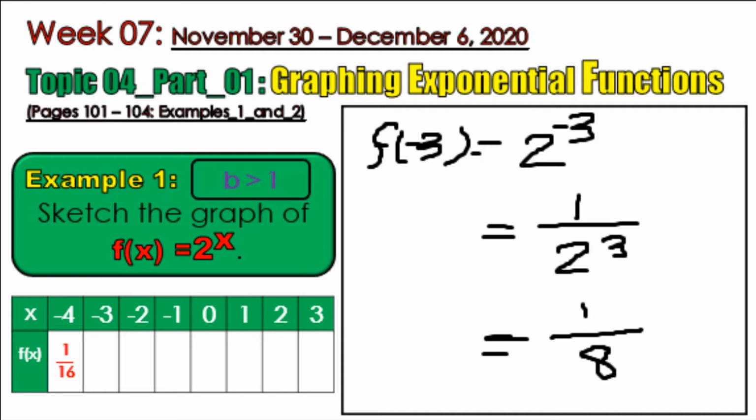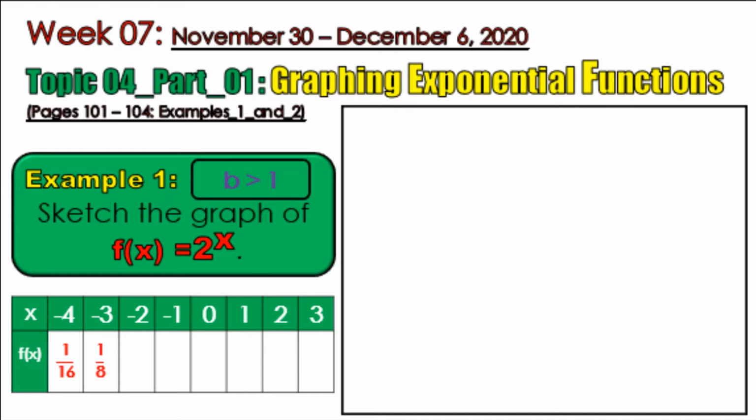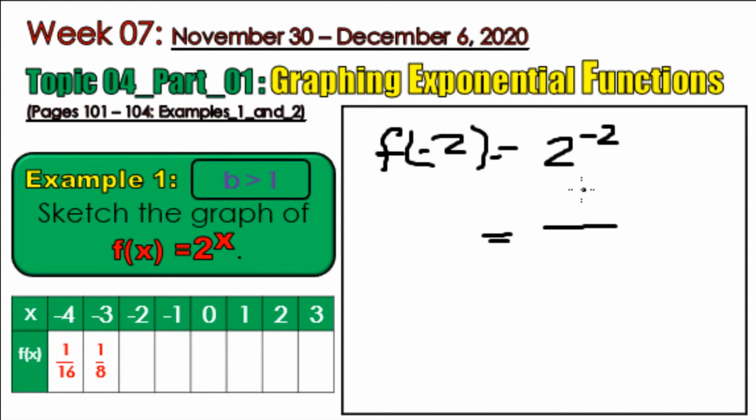Therefore, if our x is -3, the value of f of x is 1/8. Let us proceed if our x is -2. f of -2 is equal to 2 raised to -2, and with the negative exponent, 1 over 2 squared, and 2 squared is equal to 4. So if our x is -2, f of x is 1/4.